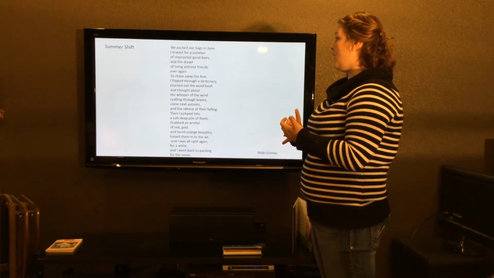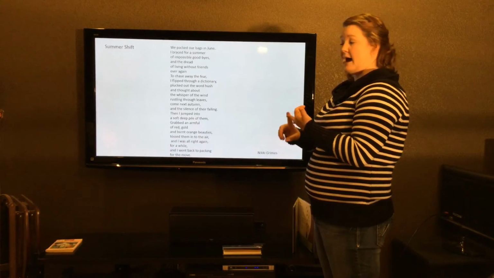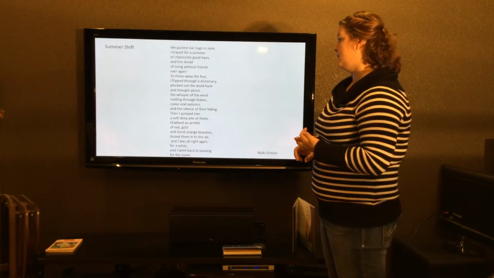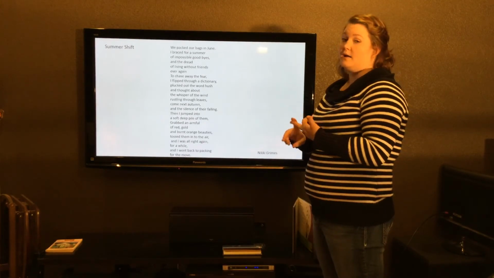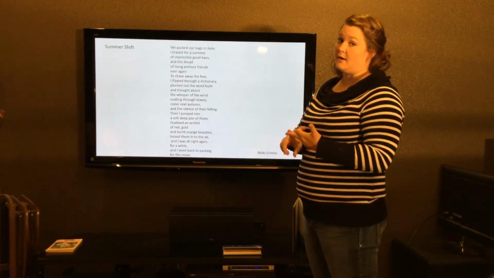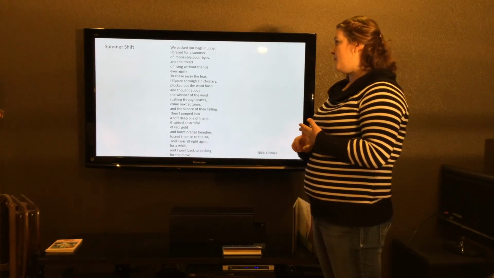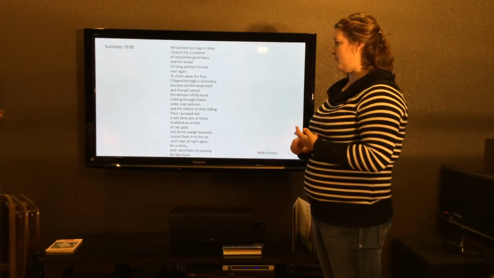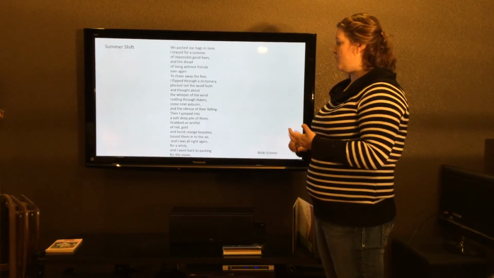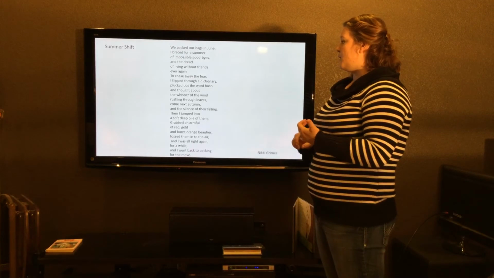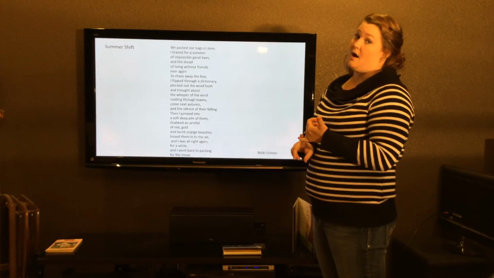So now we know that she's sad or fearful about leaving her friends. And we know that in the fall, she knows that she'll be better again because the fall makes her happy. So what we see from this poem is a few things. We see fear. We know there's a move. We know that the person likes the autumn.